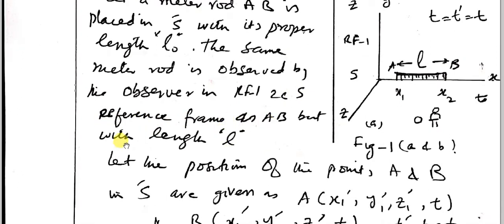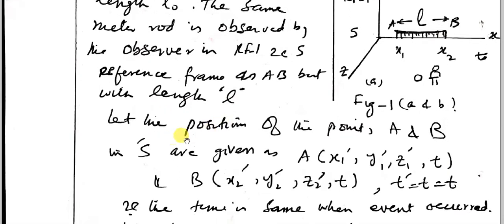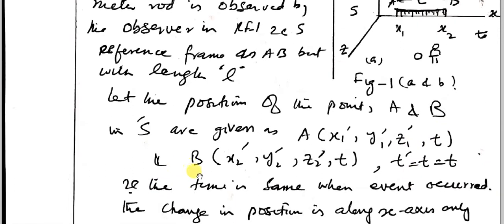Now let the positions of the points A and B in S prime be given as x1 prime, y1 prime, z1 prime, t, and for B, x2 prime, y2 prime, z2 prime, t. We take the times to be simultaneous, that is, both observers observe the length at the same time, so the time is the same when the event occurs.